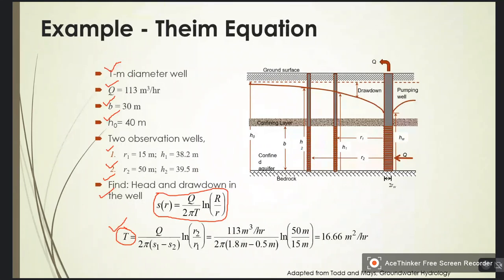So substitute this data. For S1 minus S2, you write H2 minus H1. So what is H2 minus H1? 1.3, sir.